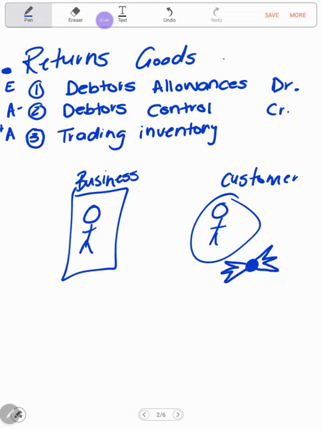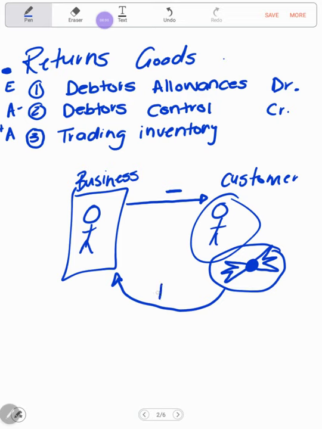So he's going to bring back the sweets to the business. Initially, when we sold it, he took our trading inventory, resulting in our trading inventory decreasing. But because he is returning it, our inventory is going to increase once again. I hope that makes sense to you. So what is happening to inventory? Your inventory will increase on the debit side.